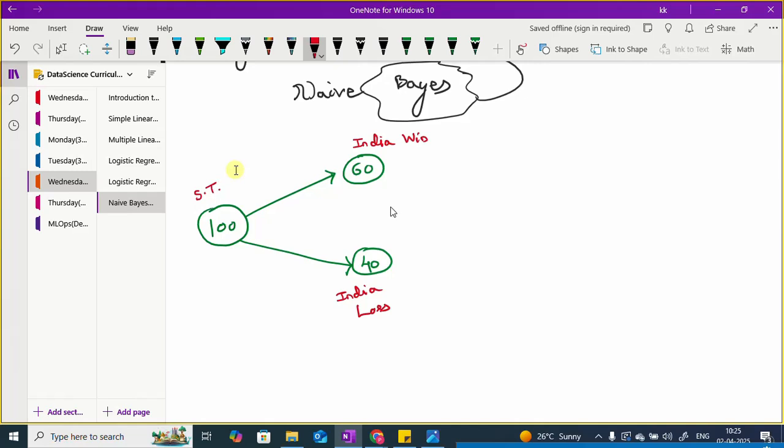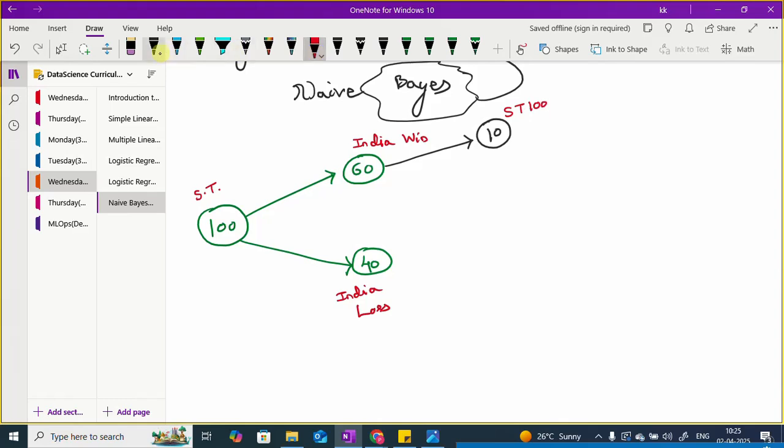Now out of 60, according to the problem statement, in 10 matches Sachin Tendulkar makes a century. Sachin Tendulkar makes a century, 100.